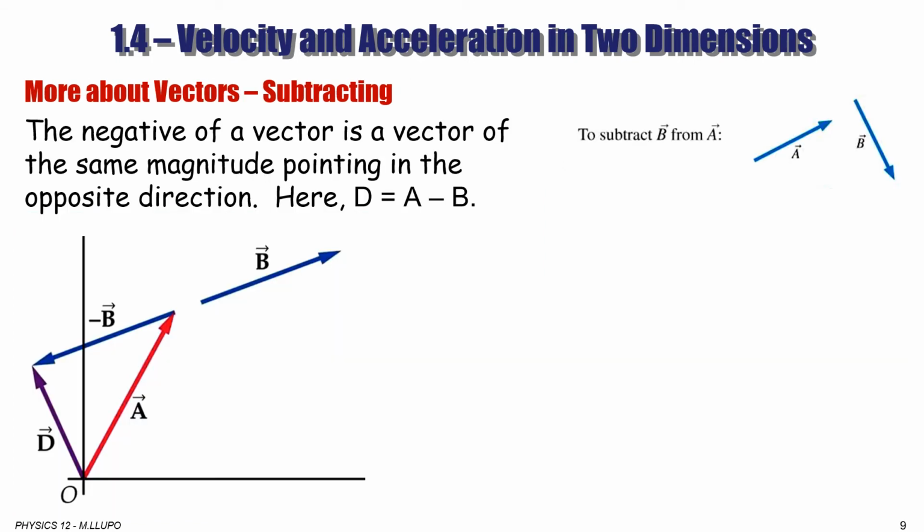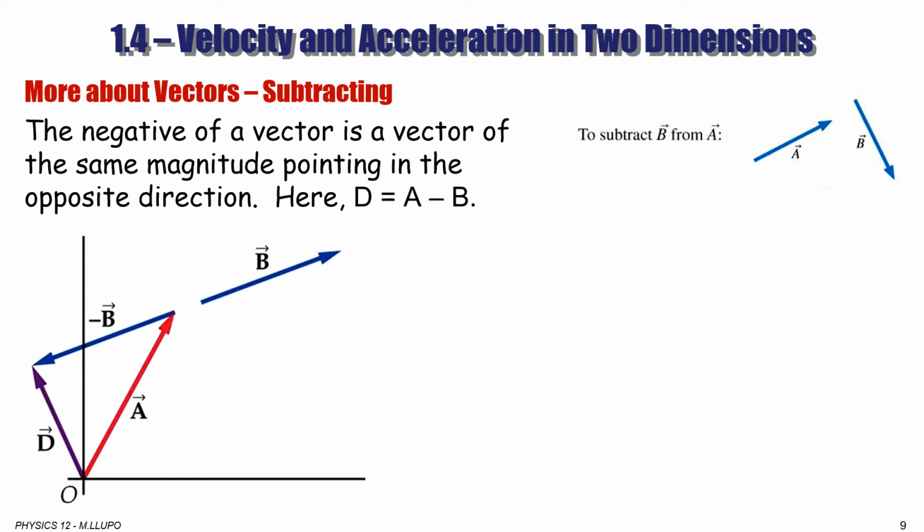I'm going to draw attention to subtracting vectors, because sometimes if we need to calculate acceleration using a scale graph diagram, which is really rarely used, you can find the change in the velocity by subtracting initial velocity from final velocity. Remember, change in the velocity is v final minus v initial. So that means you can subtract v initial from v final.